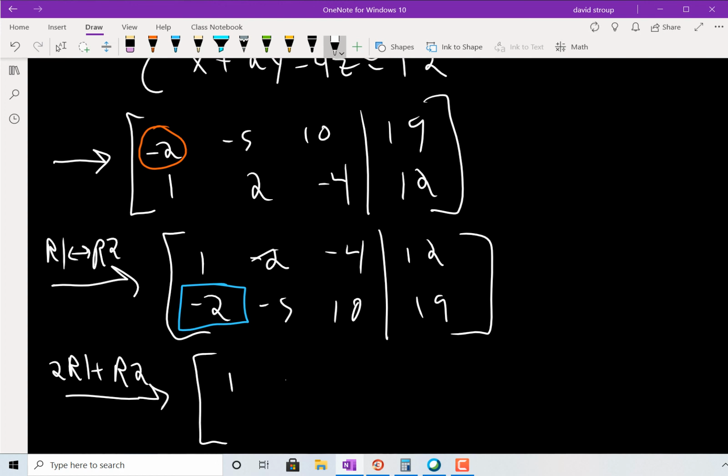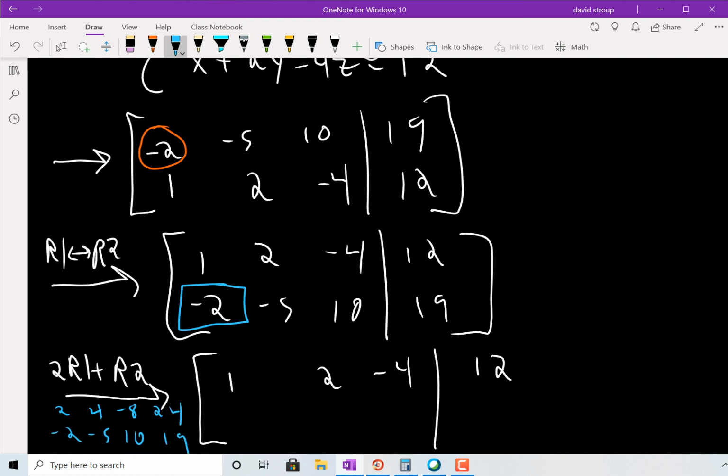Row 1 is unchanged. Oops, that should be a positive 2, not negative 2, so I butchered that number. Then -4, 12, and we need to do some arithmetic: 2, 4, -8, 24, plus 2, -5, 10, 19.